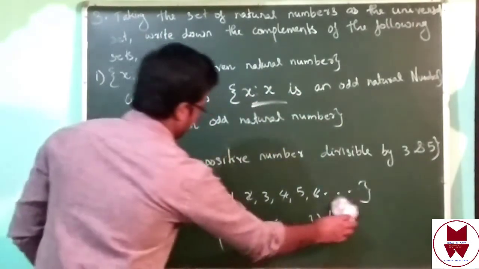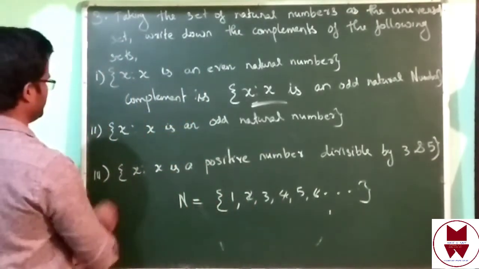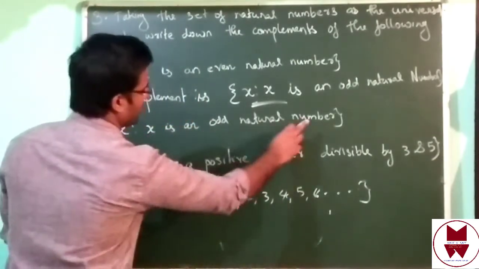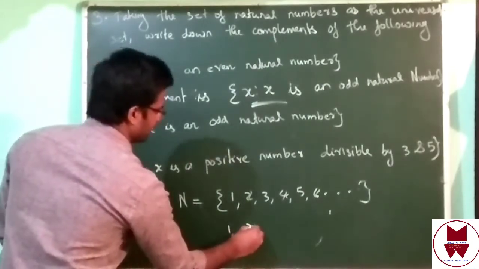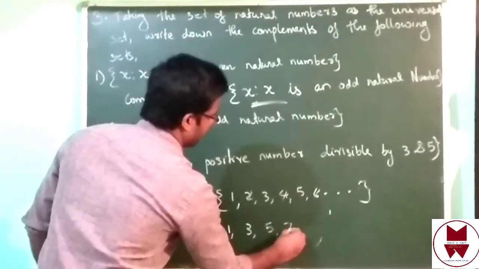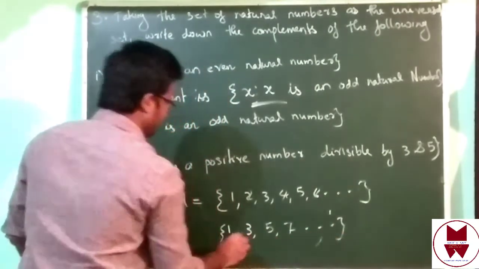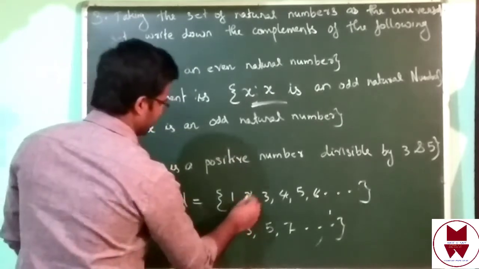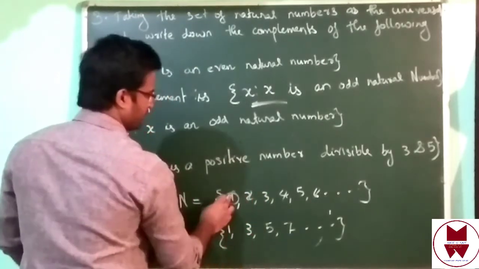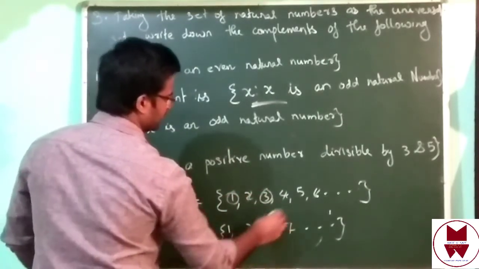Then next, Roman number 2, set of x such that x is an odd natural number. What does odd natural number mean? 1, 3, 5, 7, etc. This is odd natural numbers. If you take the complement of this set, what will you get? 1 cut it, 3 cut it, 5.